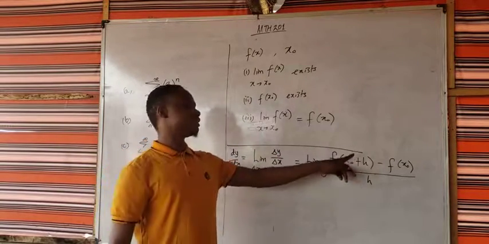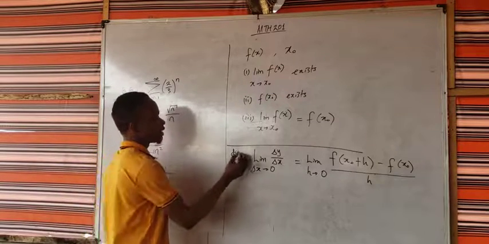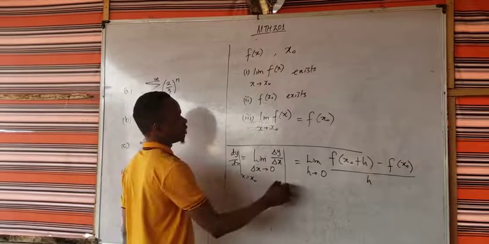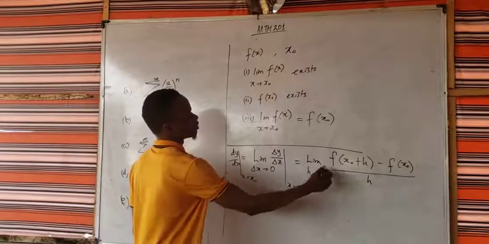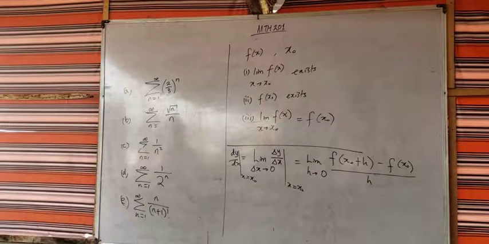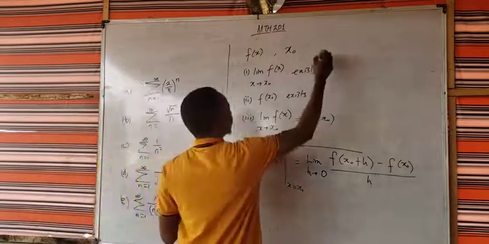If this limit exists, we say that the function is differentiable at x equal to x naught. And that value will give us the derivative at x equal to x naught. So we find the derivative as we do for other cases. So I'll give this a try.